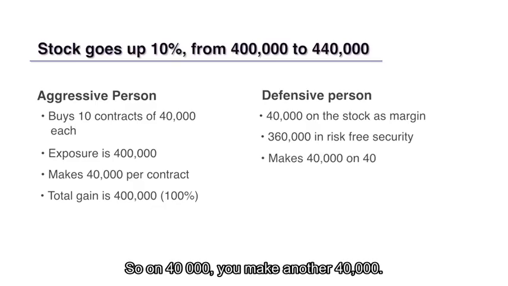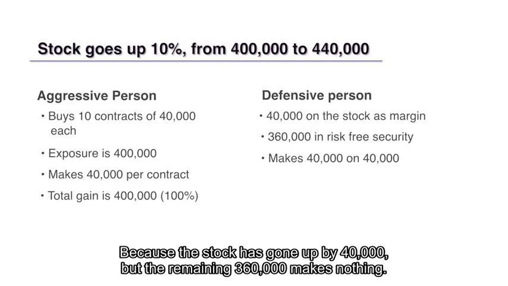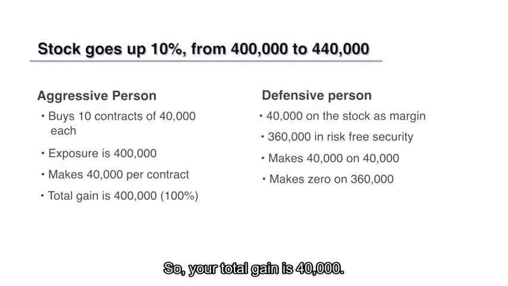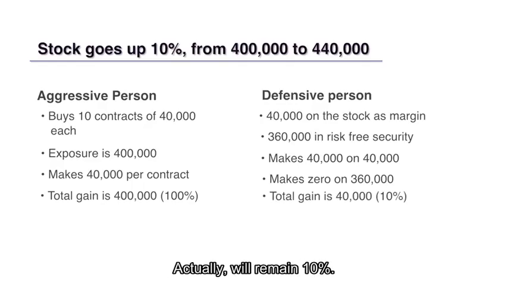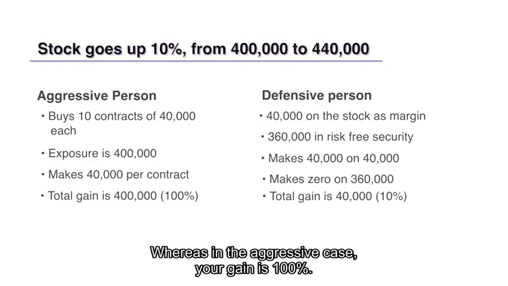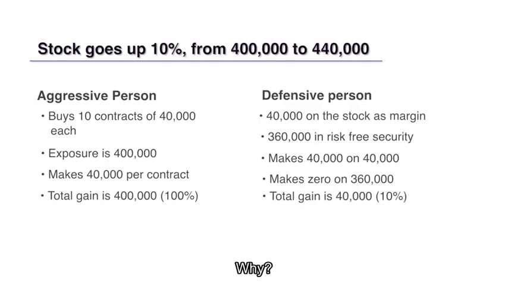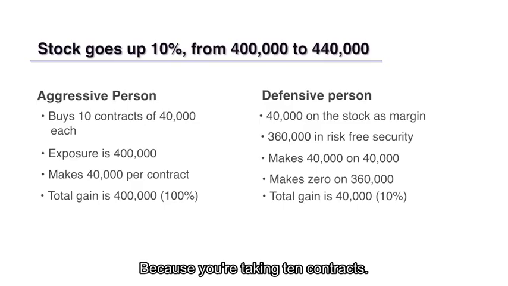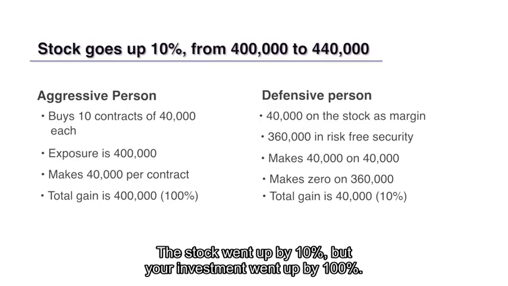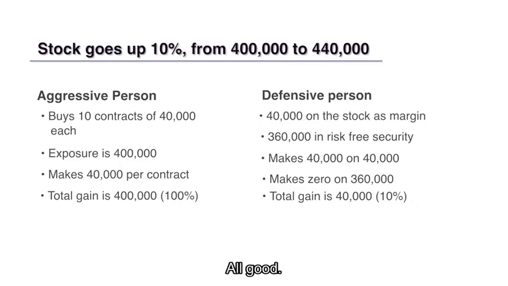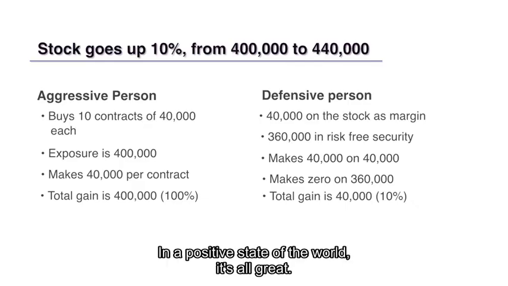So on 40,000, you make another 40,000 because the stock has gone up by 10%. But remaining 360,000 makes nothing. So your total gain is 40,000. Actually will remain 10%. Whereas in the aggressive case, your gain is 100%. Why? Because you have taken 10 contracts, the stock went up by 10%, but your investment went up by 100%. All good. In a positive state of the world, it's all great.